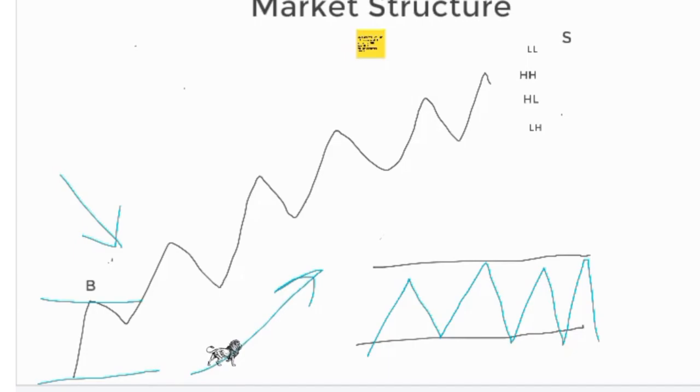B indicates that the market structure was broken. Okay. Now what we have here is support to resistance, came down, which is a retrace, and we break resistance. So this is what we call BOS, breaking market structure.